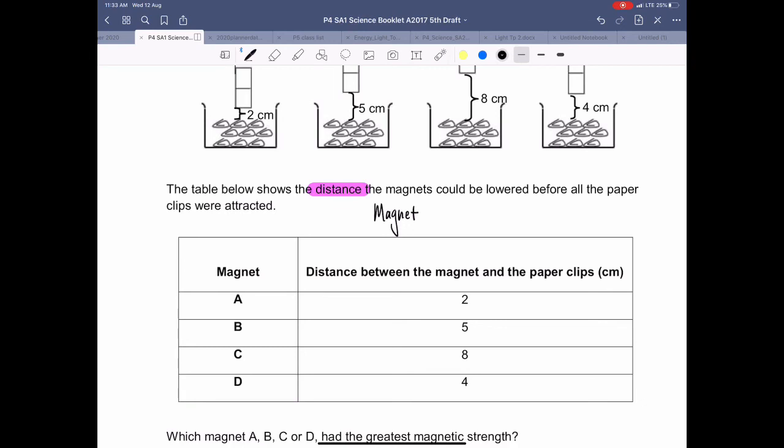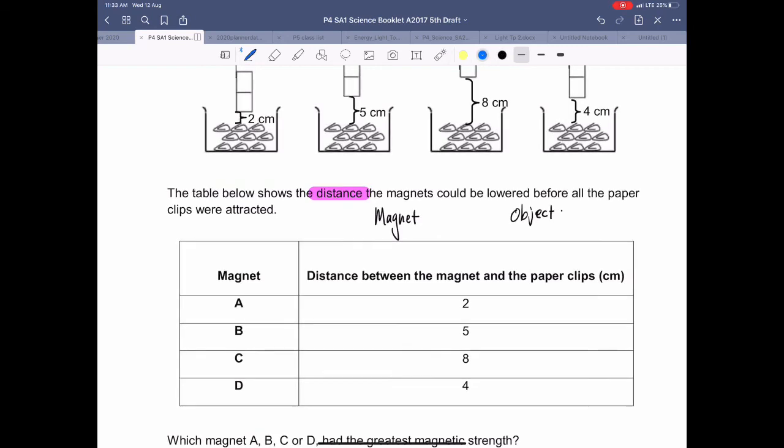We're going to call this D for distance. Students get this wrong because their mind gets twisted and confused. They always think that the bigger the number, the better it is. However, in this concept, it is the opposite.